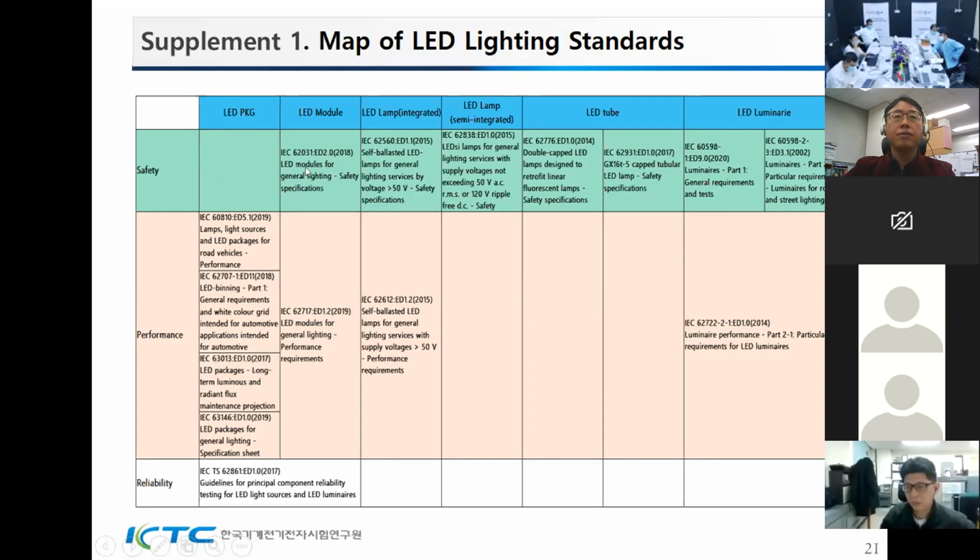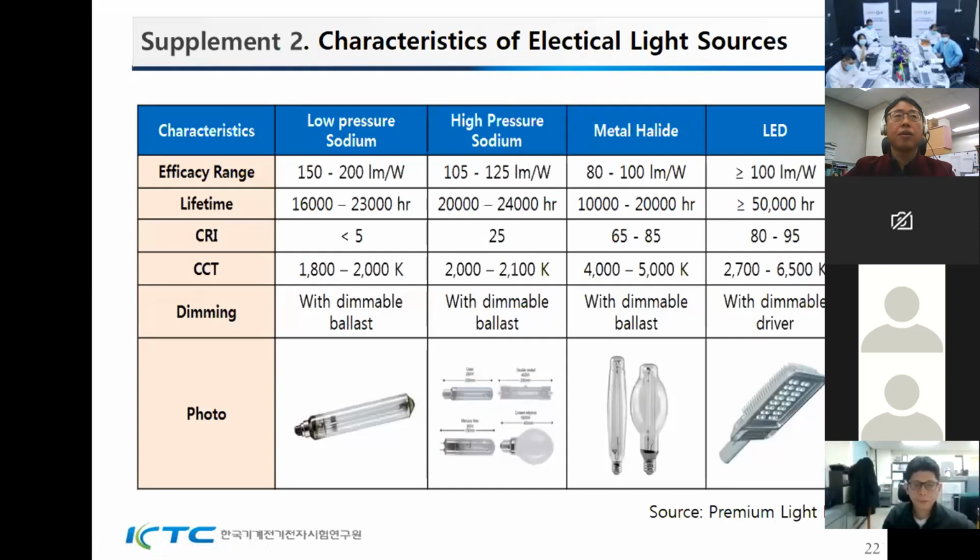You can check the current situation of the IEC standards for LED lighting. The next one is characteristics of electric light sources, from conventional lighting, for example, low pressure sodium, high pressure sodium and metal halide, to the current LED electric light sources. That's the reason why so many cities change from conventional to LED street lighting.